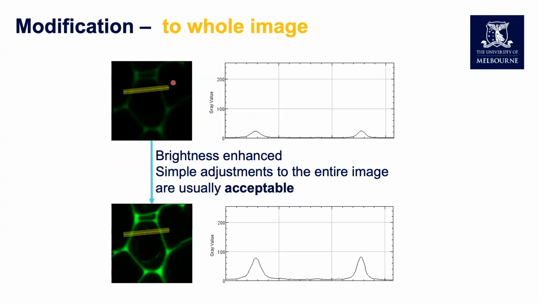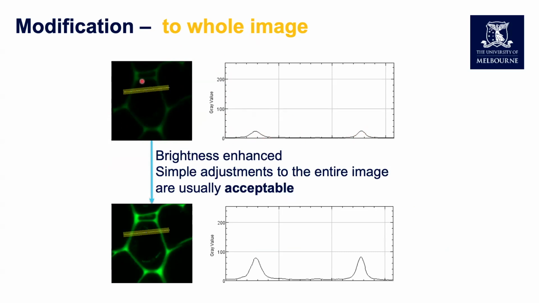So what modifications can we make? To me, these are modifications we make to the entire image. So in this example, we have an image taken here, where we haven't used much of the dynamic range. This is our grayscale values here on the y-axis, so 0 to 255 grayscale values. So we've not used much of the dynamic range of the detector, which means our image is fairly dim.